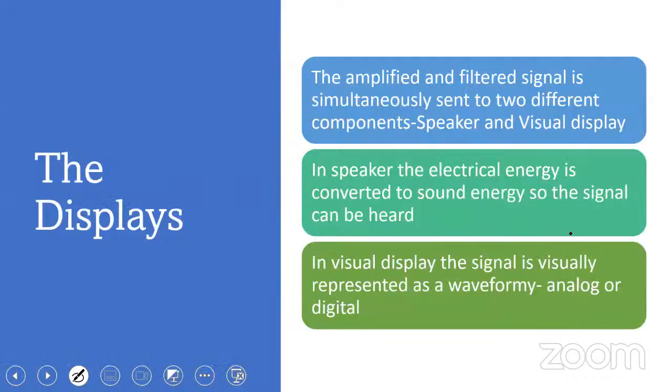The amplified and filtered signal is simultaneously sent to two different components. One is a speaker, another a visual display. In the speaker, electrical energy is converted into sound energy, so the signal can be heard. In the visual display, the signal is visually represented as a waveform, analog or digital type.